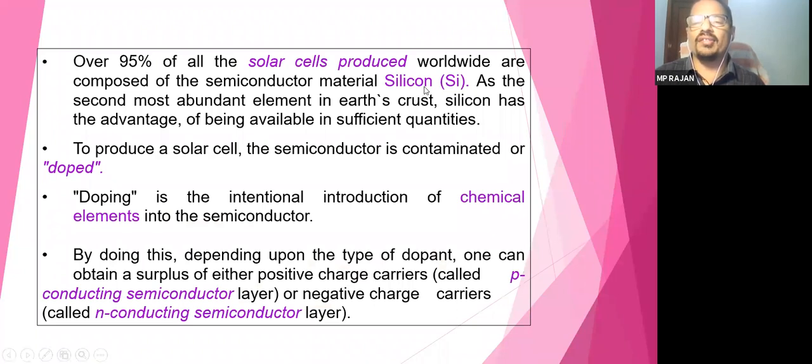So silicon, as I said, is an abundant element in the earth's crust. It is in the form of sand. We can extract the silicon from the sand by using many procedures, and the silicon can be doped. We have seen that we can make N-type semiconductor and P-type semiconductor.